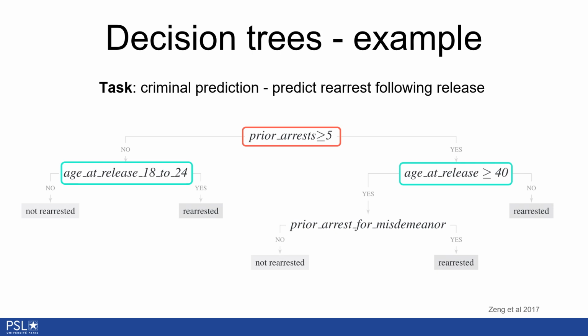If the age at release is lower than 40, then the model looks at prior arrests for misdemeanor. If the inmate was not previously arrested for misdemeanor, the model predicts low risk. Otherwise, it predicts high risk of rearrest. So this is a very simple and highly transparent model, and strikingly, it has a very good performance with a true positive rate of 80%.